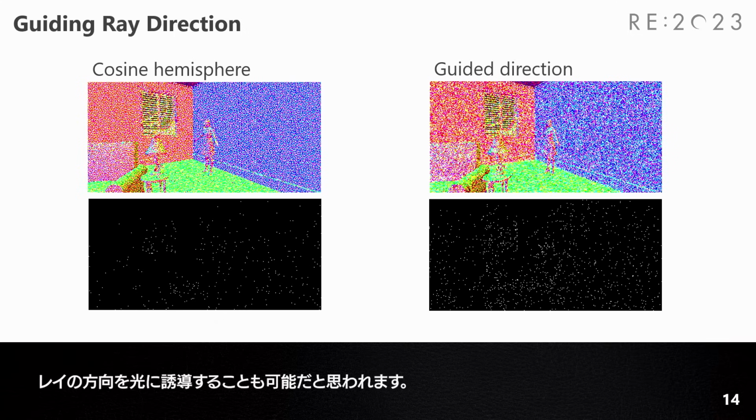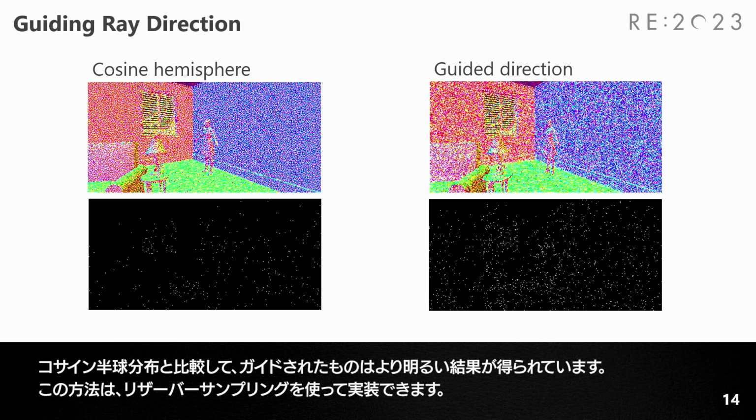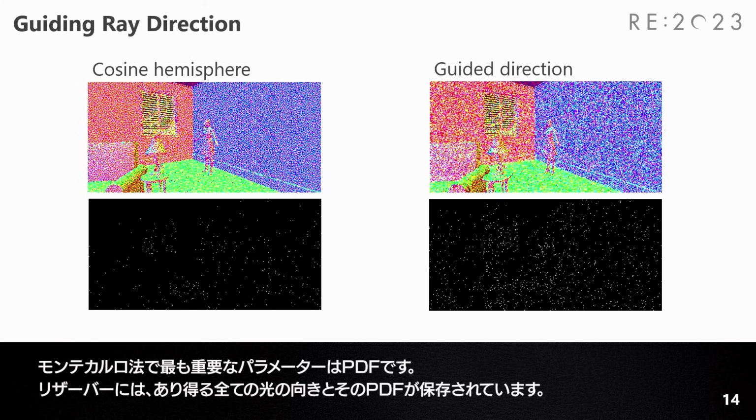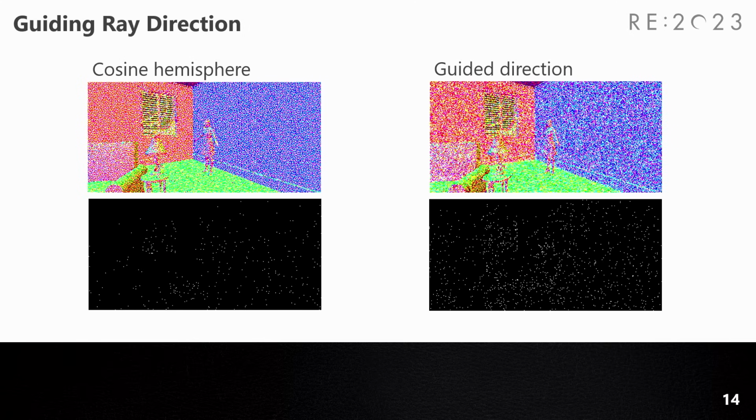Guiding redirection to the light also seems feasible. Compared to cosine hemisphere distribution, guided direction gets a more lighted result. This method can be implemented using reservoir sampling. Actually, the most important parameter in the Monte Carlo method is the PDF. Reservoirs save all possible directions for the light and their PDF.